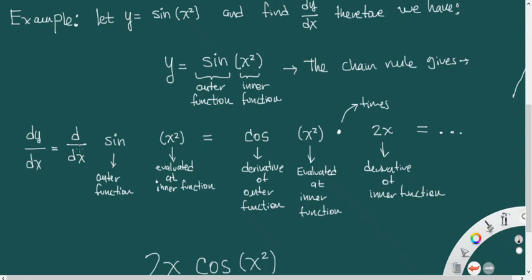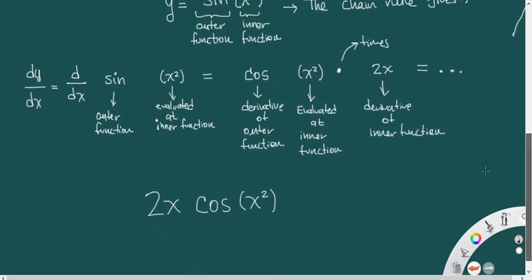We come up with the cosine, which is the derivative of the sine: the cosine of x squared, times the derivative of the inner part. The derivative of x squared is 2x.